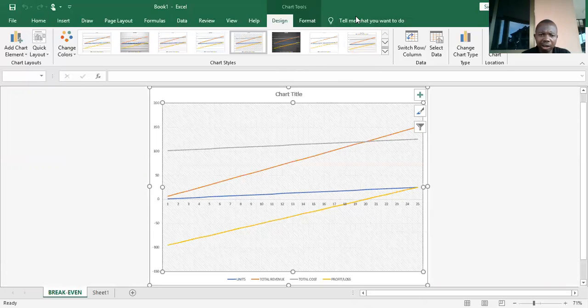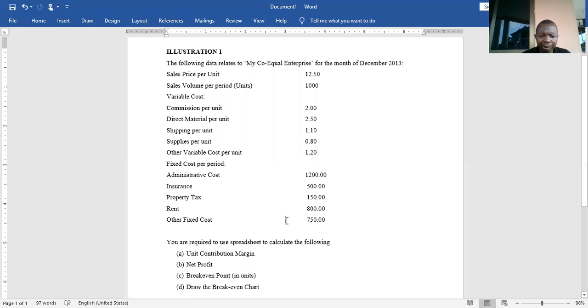We are going to look at a full illustration and see how we can compute some calculations and come out with the break-even chart. There is a particular institution that presents this data, and they have their sales price per unit to be 12.5. Sales volume per period is 1,000 units.